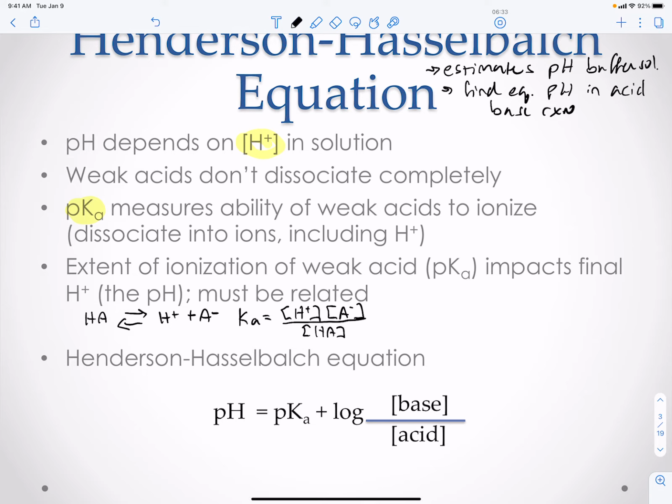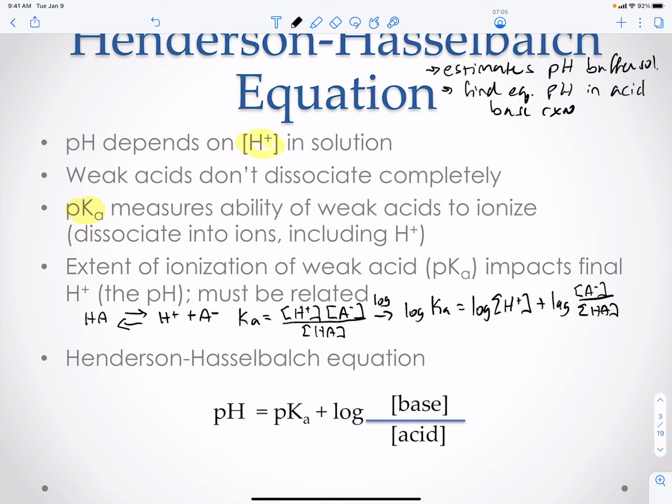And then we're going to take the log of this, and so you get the log Ka is going to equal the log of your hydrogen plus the log of the other two species. So you pull your hydrogen out.